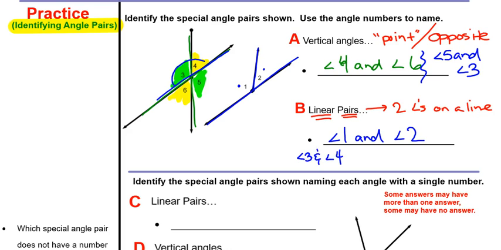Or you can look at angle 4 and angle 5. Or you can look at angle 5 and angle 6. Or you can even look at angle 6 and angle 3. All of those would also be considered linear pairs.